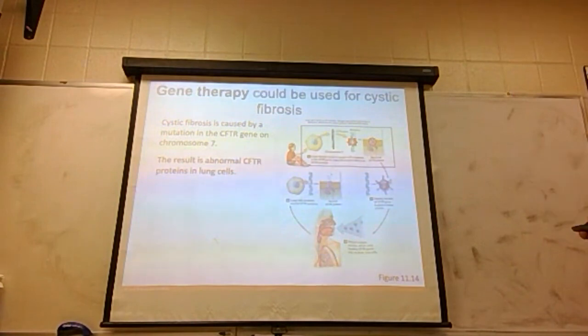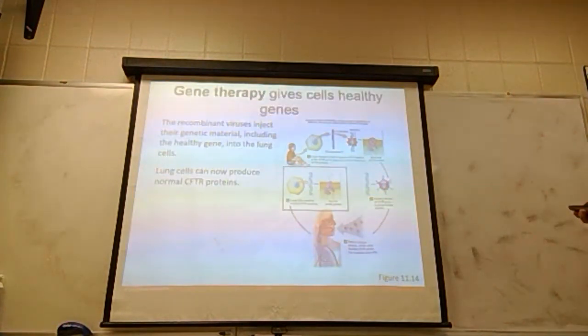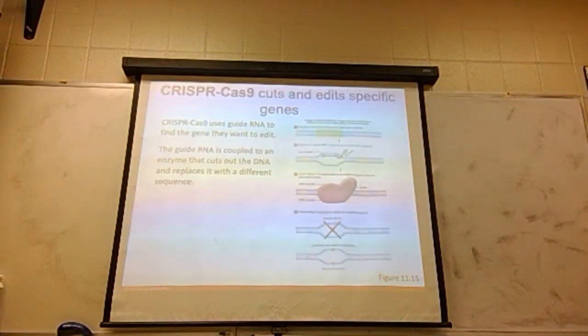And again, cystic fibrosis is caused by a mutation on gene 7 or chromosome 7. We talked about that. There's the whole process. Again, lung cells now produce the normal protein.